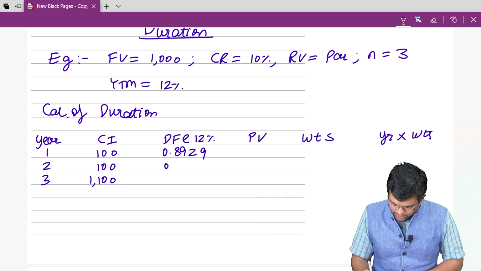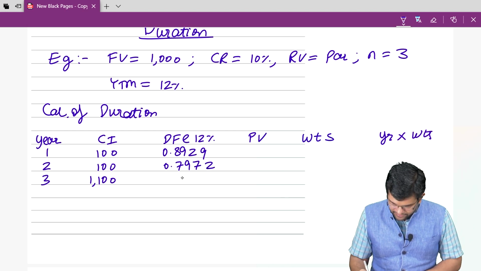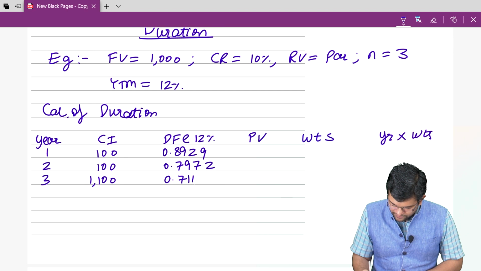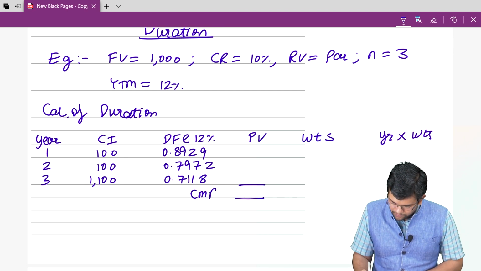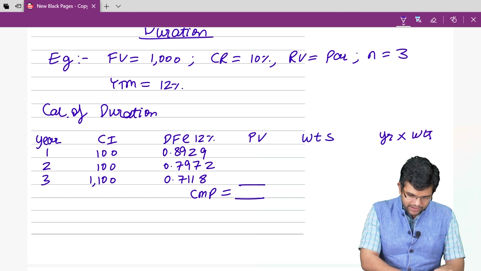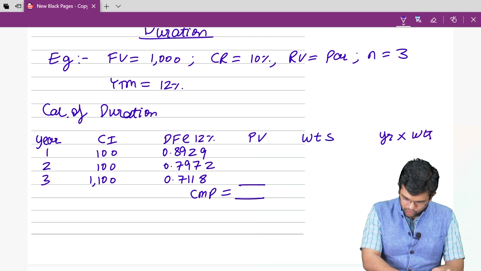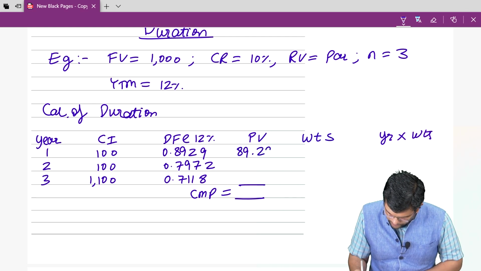Then we have got 0.7972, and then we have got 0.7118. So children, if we take the present value, the total comes to the current market price. So children, this is 100 into 0.8929, this is 89.29.